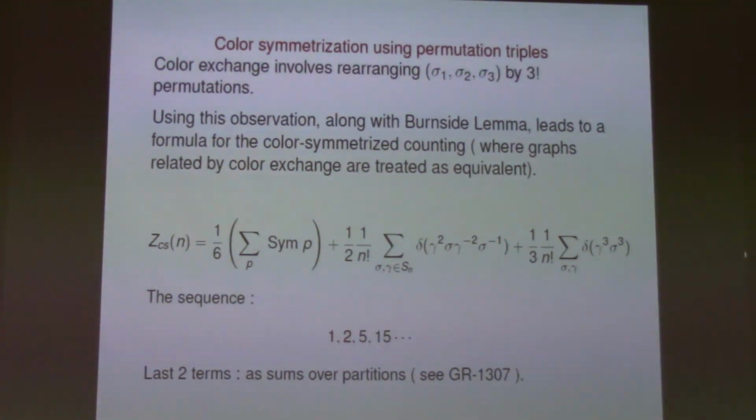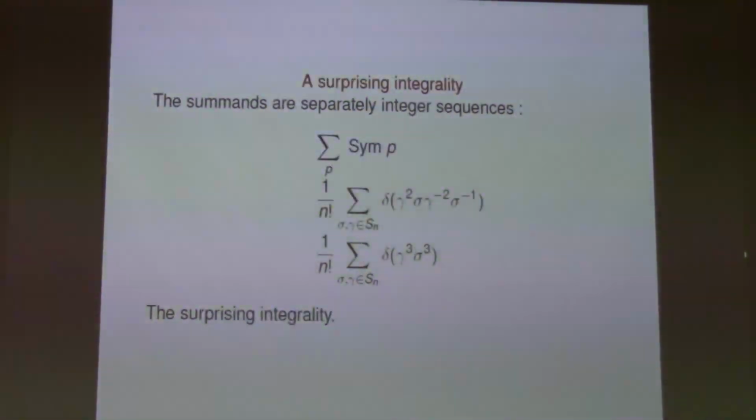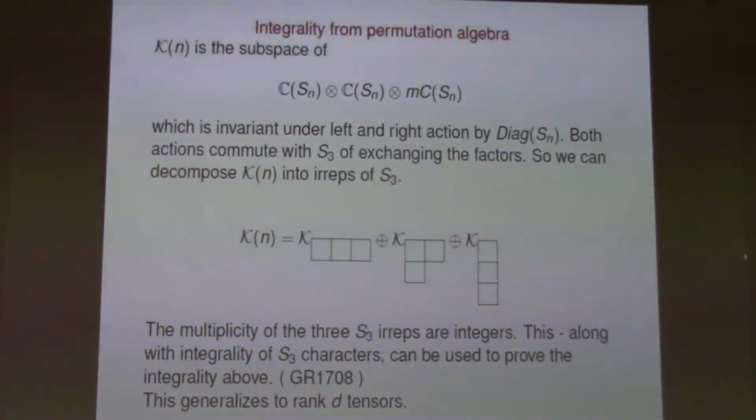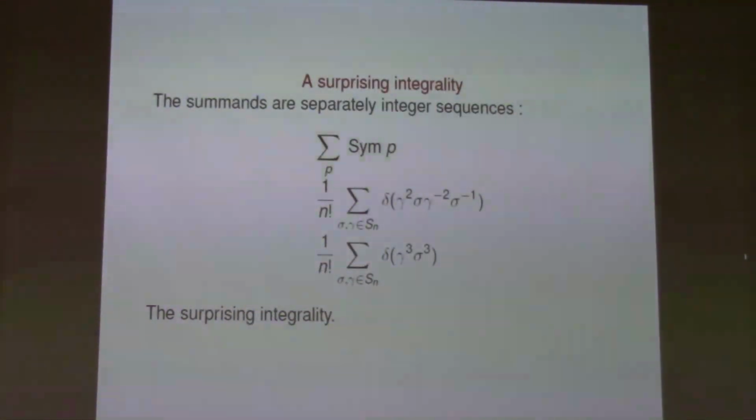So this was an experimental observation that these things separately are integers. They are integer sequences. So there's a surprising integrality that appears. This was one of the things that motivated us to revisit this counting problem recently. And actually, the upshot was that you can actually prove that these 3 are integers.